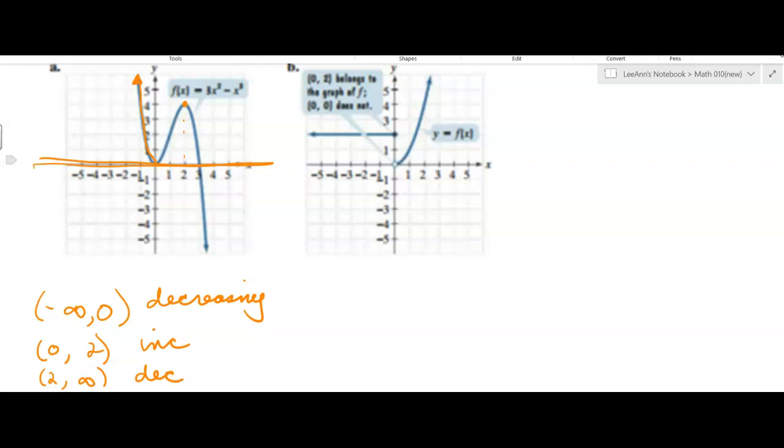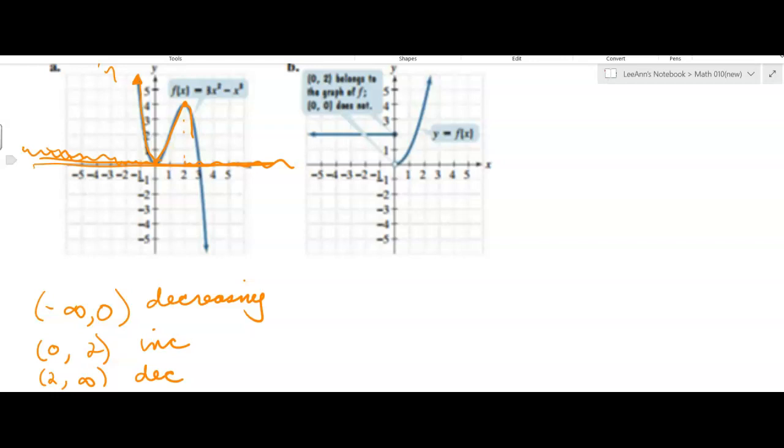From negative infinity up to 0, it was decreasing. And from 0 to 2, it was increasing. But then from 2 to infinity, it was decreasing again. Okay, so hopefully that makes some sense.